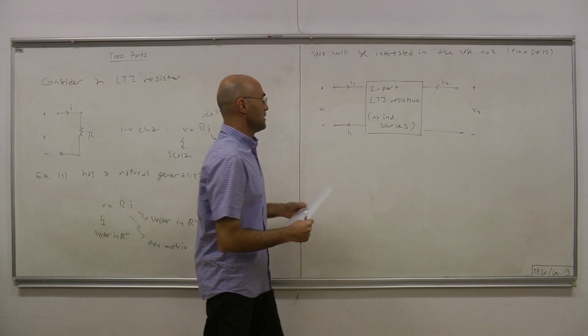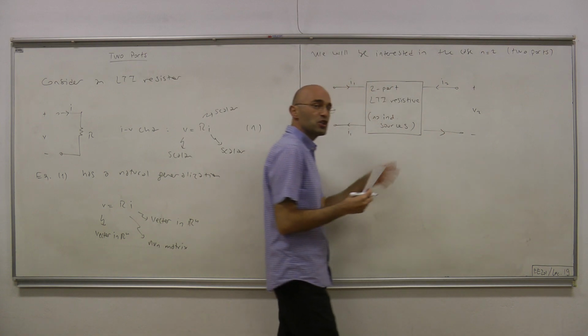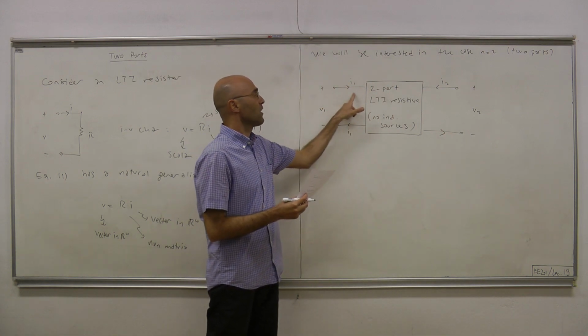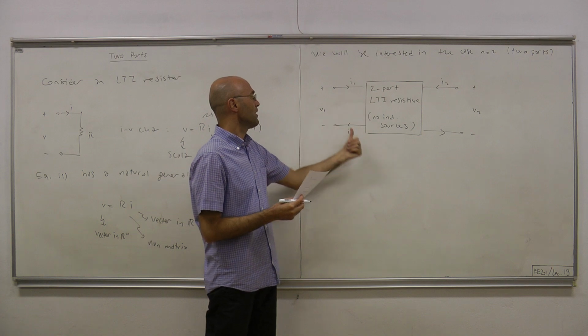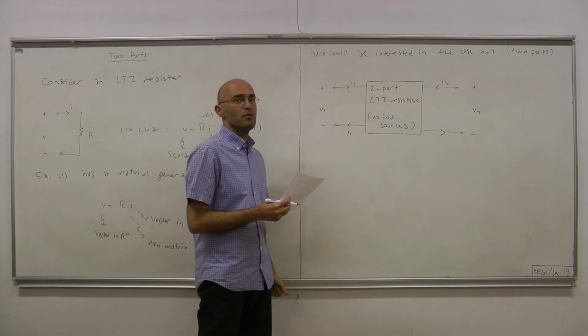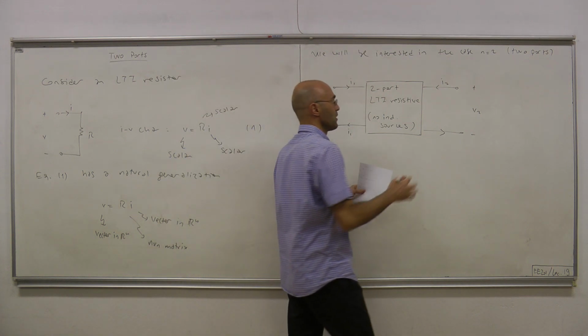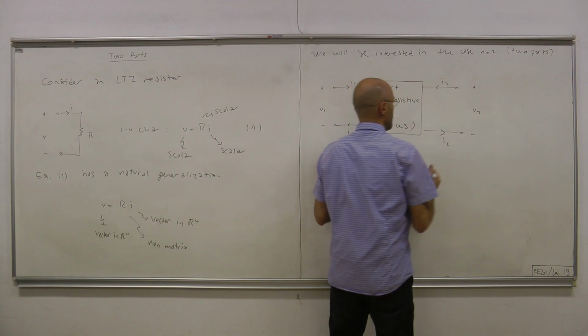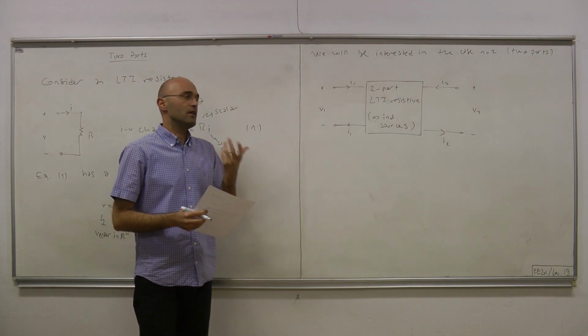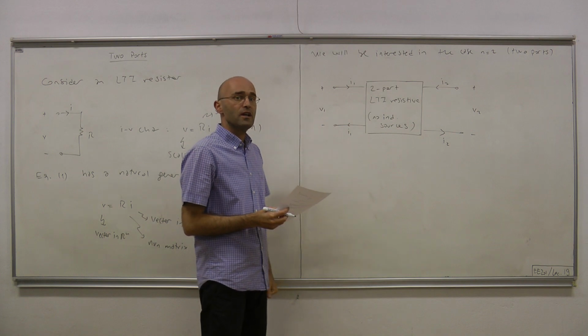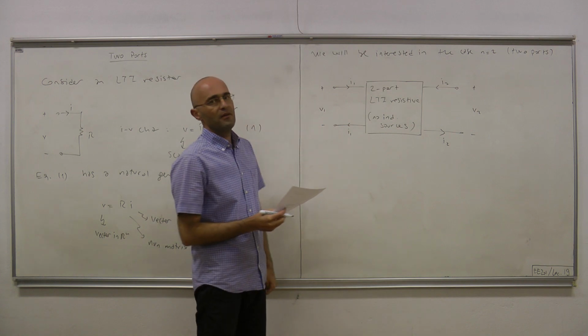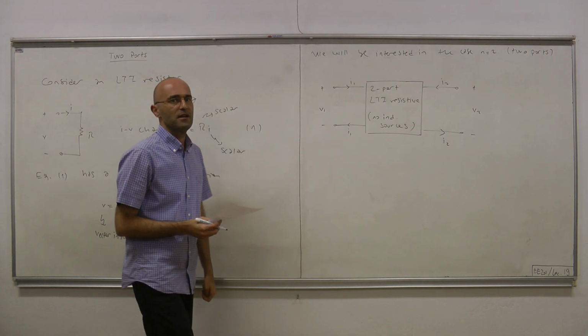So we will assume that the connections are such that whatever current enters from this wire is the same current leaving from the bottom wire. Likewise for the second port: if this is I2, then that must be I2. That is called the port condition, and we will always be working under that assumption.